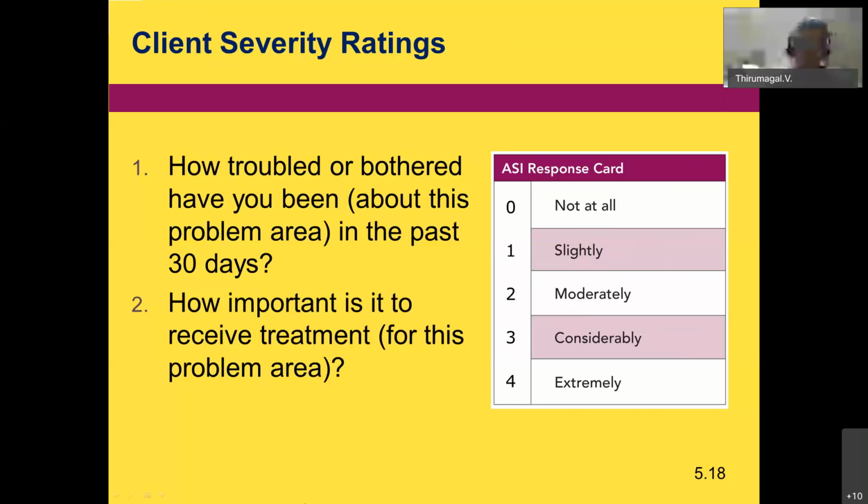The next question in the client severity rating is, how important it is for you to receive treatment for this. This is because we are seeing what help the client needs. Does he need medical treatment? We are asking the client, how important it is for you to receive treatment.